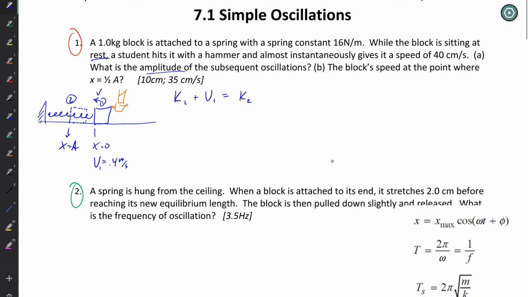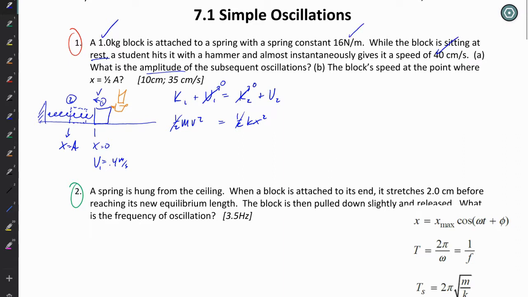So the kinetic energy plus potential energy at location 2. Well, its potential energy at location 1 is 0, and its kinetic energy at location 2 is 0, because we're choosing our locations thoughtfully. So we have 1/2 mv squared equals 1/2 kx squared. This canceling of 1/2 is going to happen all the time in these kinds of problems. We've got the mass, the velocity, and the spring constant.